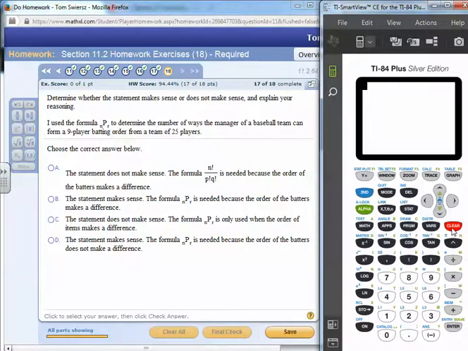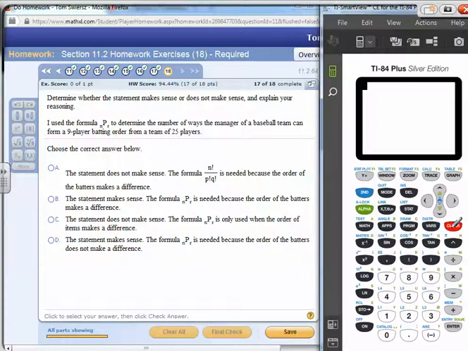Okay, well, if you think about this one, you've got a batting order. Order means order matters, right? Whether you're hitting first, second, or third, so it is a permutation, right? Each player can only bat at one position, right? So one and only, there's no duplicates, so it's an nPr, right?